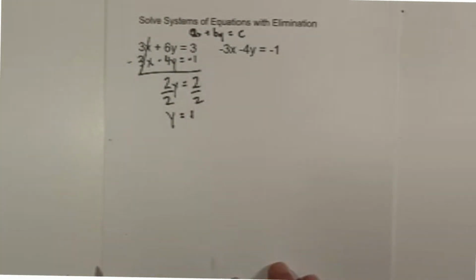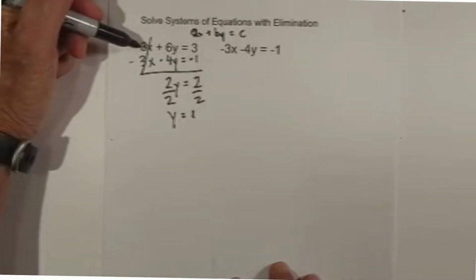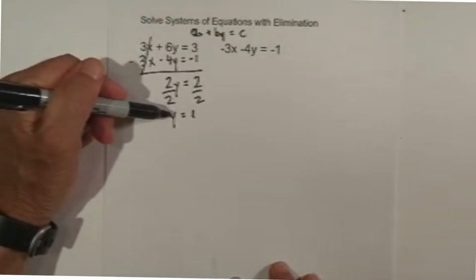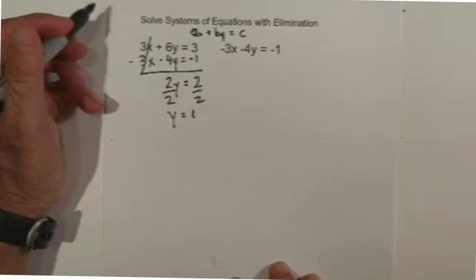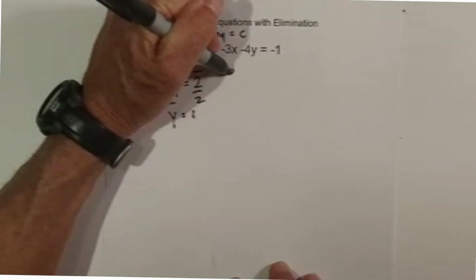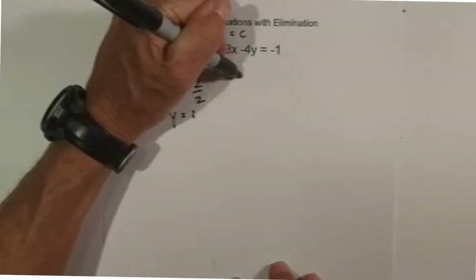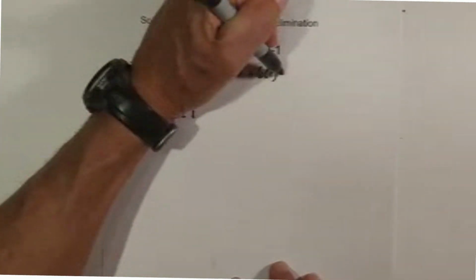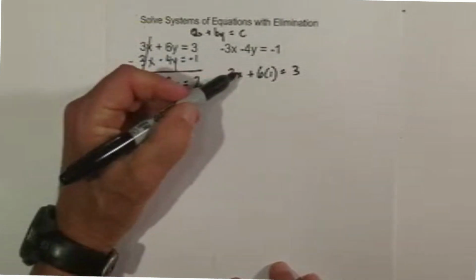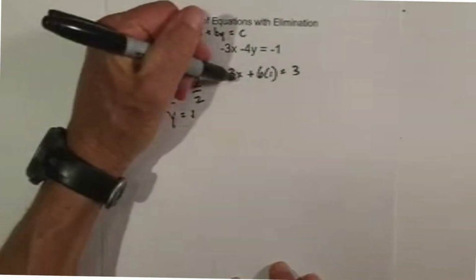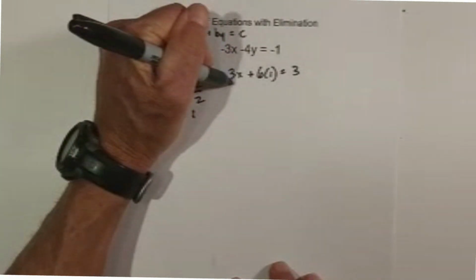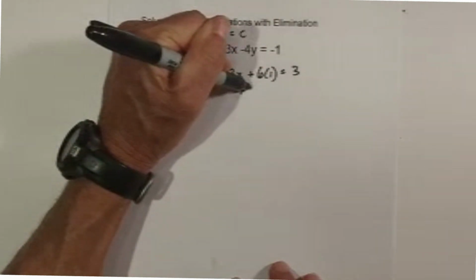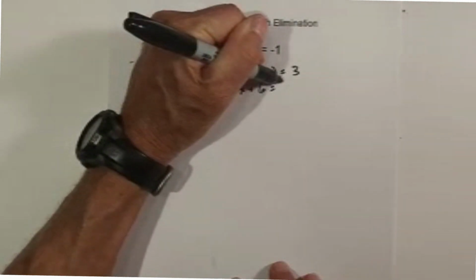Now I can plug the y into either one of these equations to get x. I'm going to plug it in here: 3x plus 6 times 1 equals 3. So 3x plus 6 equals 3.